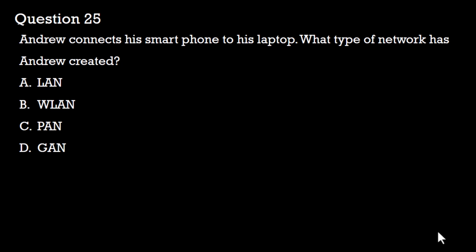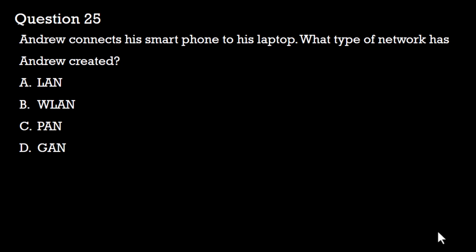The WLAN is a wireless LAN, and it uses wireless technology for connectivity. A PAN is a personal area network, and it is established by connecting devices over a short distance.